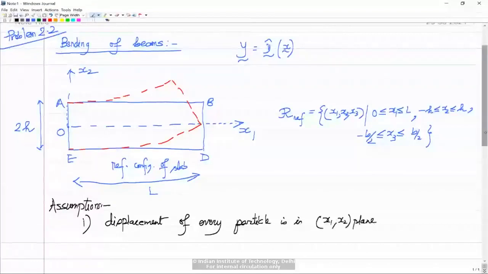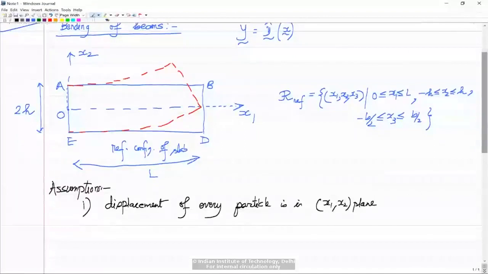Can you see what kind of constraint this is going to impose on y1 hat, y2 hat, and y3 hat? So the displacement of every particle is in the x1 x2 plane. Anyone?